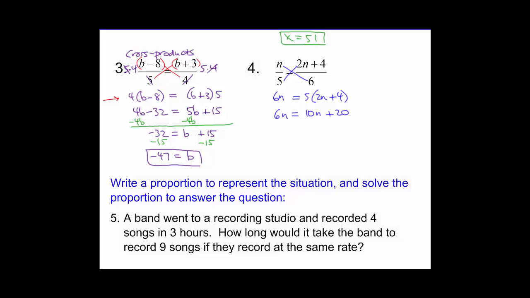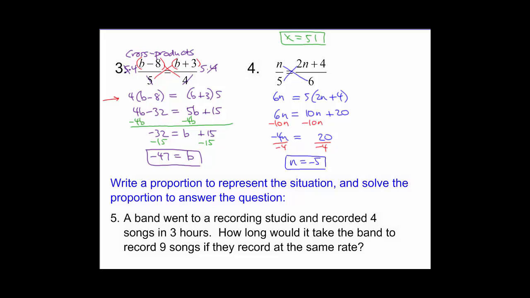Why don't we subtract the 10n, and then the letter will be on the left side, and the number will be on the right. Even though I'm going to get a negative number in front of n, it saves me a step. So now I just need to divide each side by the negative 4. And I get n equals negative 5.